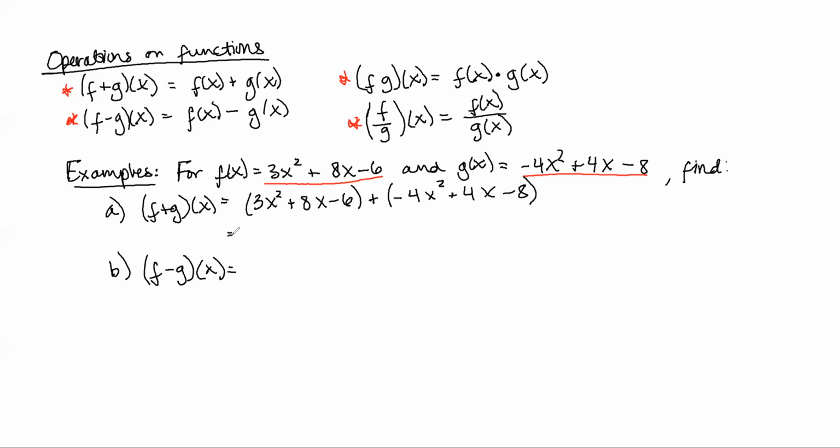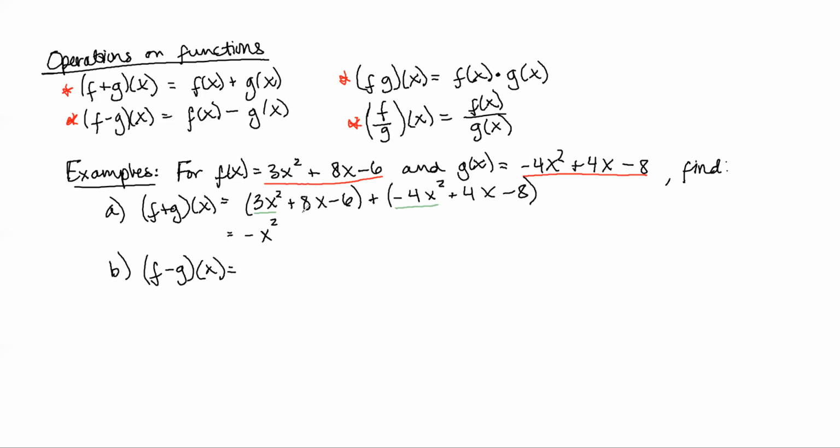Now, all we're going to do here is, because we're adding, if you remember back in, I believe it was chapter 5 of Math 95, we're going to combine like terms. So we're going to have 3x squared and then plus a negative 4x squared. That's going to give us negative x squared.